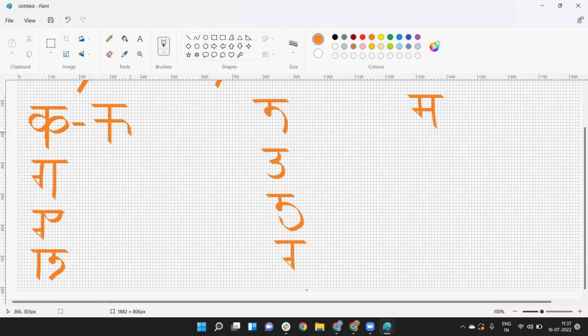So because we are attaching a matra to it, it will be written like this and not like this. And here we are writing the Laghu U with it. This is similar to the Devanagari matra. Only U changes a little bit. U remains the same.